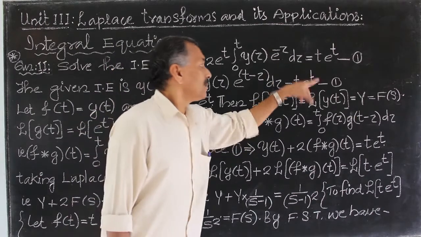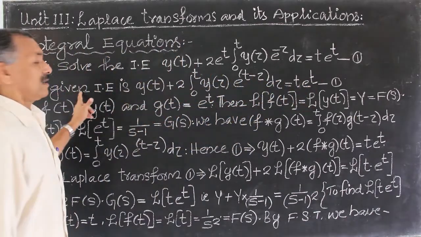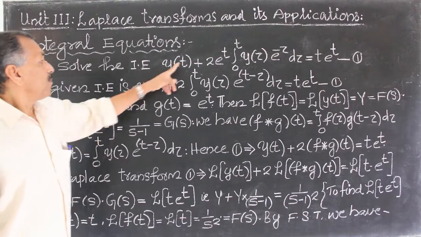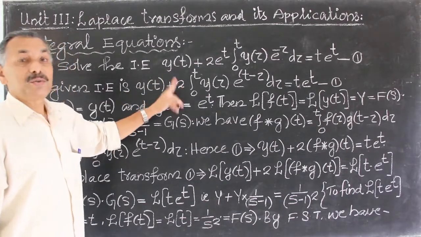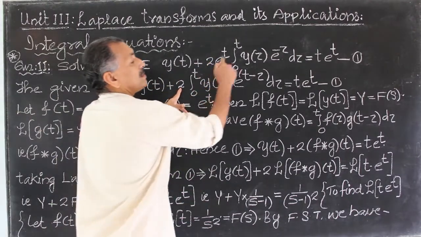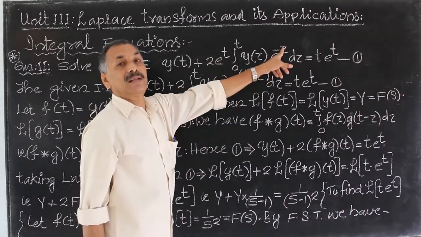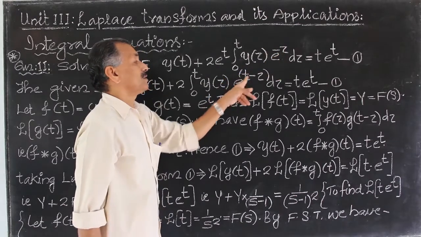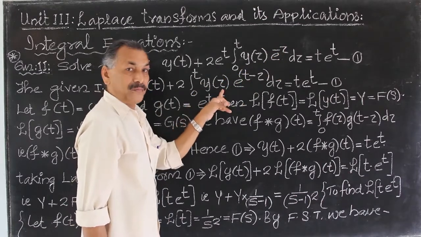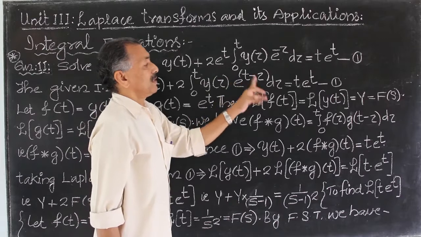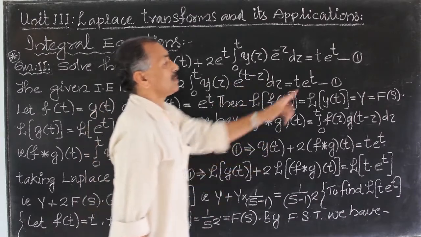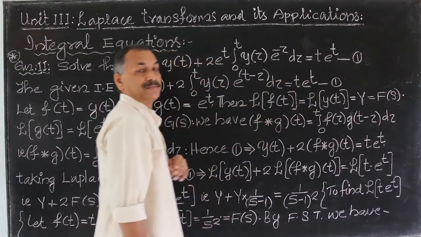The given integral equation is y of t plus 2 into e raised to t multiplied by e raised to minus z, which is e raised to t minus z, so y of z e raised to t minus z dz is equal to t e raised to t.